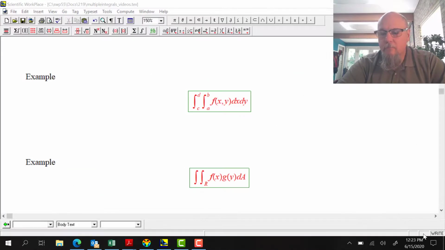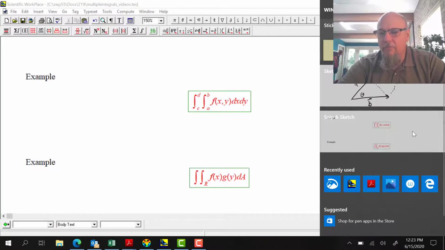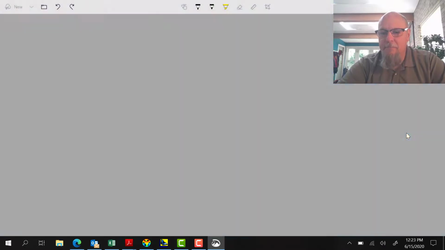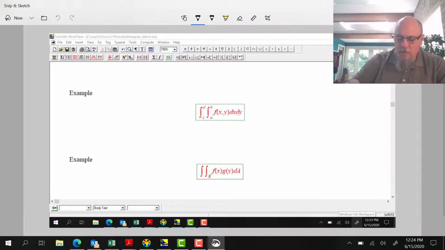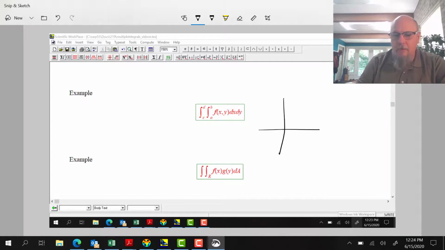So I'll draw it so we have something to point at. But I can read this as x is going from a to b, and y is going from c to d. So I'm talking about the region being this rectangle.